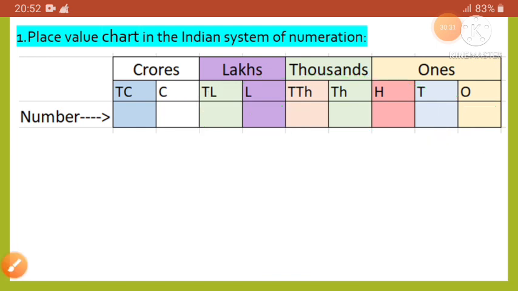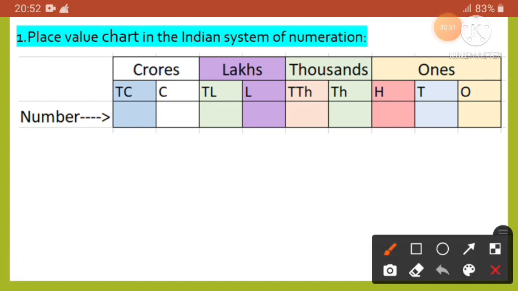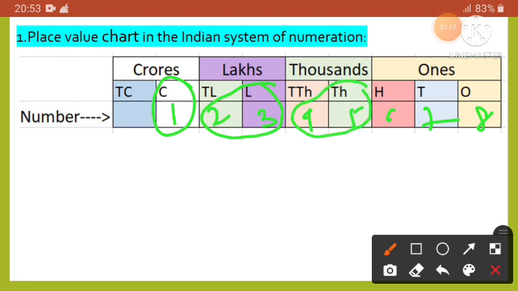Now suppose we are taking an 8-digit number, 1 2 3 4 5 6 7 8. So 1 comes under crore. We can write it as 1 crore 23 lakh 45,678.